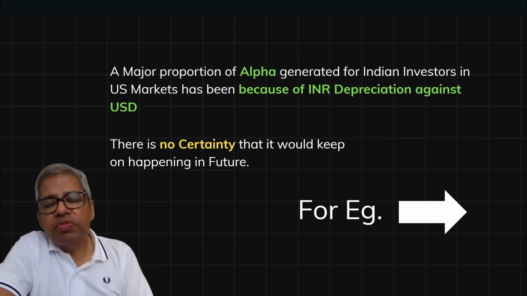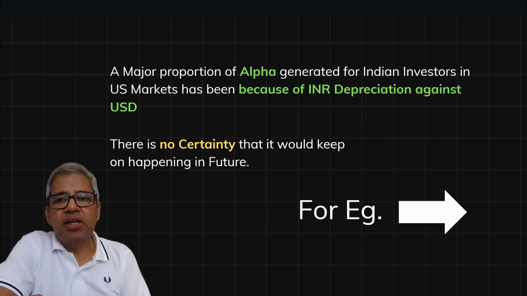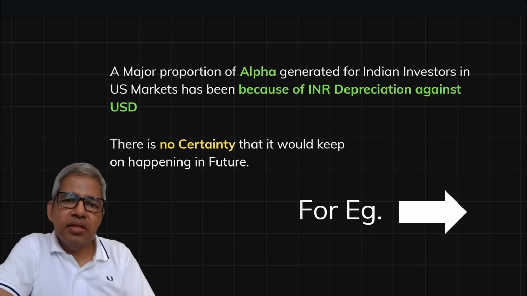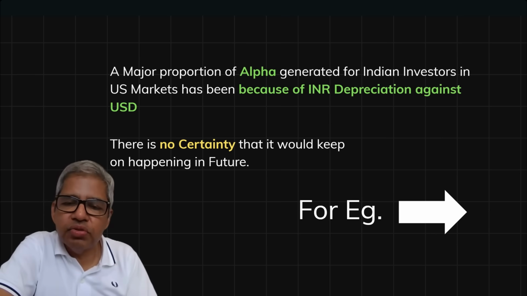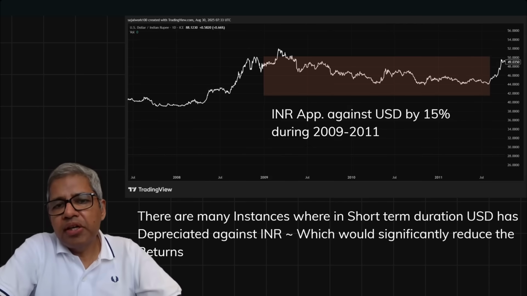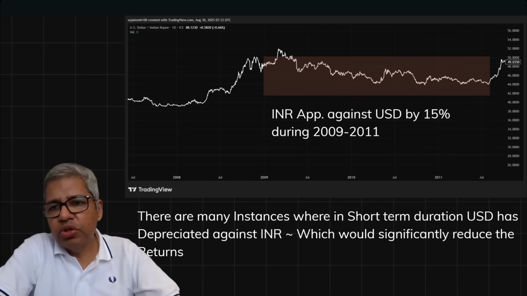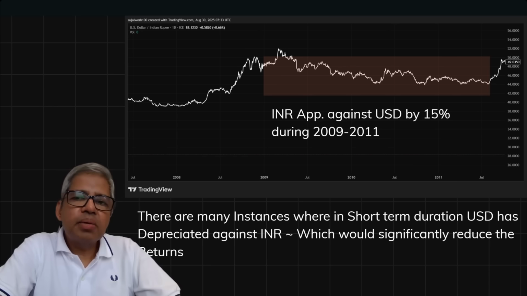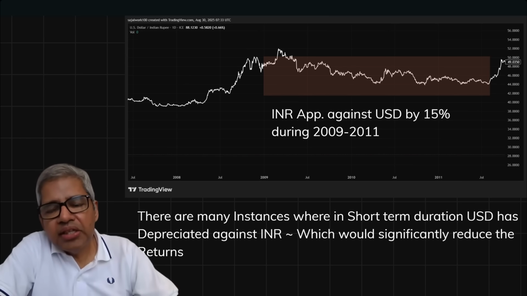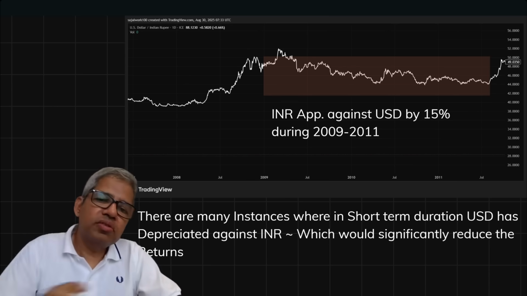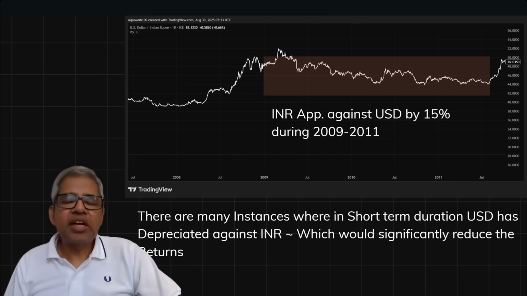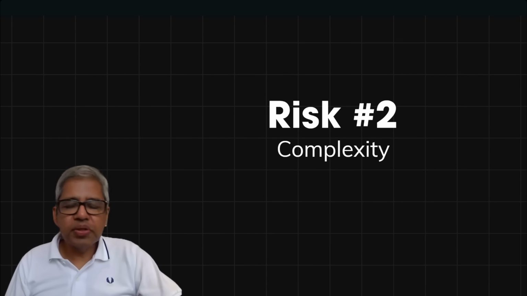But a major portion of the alpha generated for Indian investors in the US market is because INR is depreciating at 4%. So there is no certainty that it will keep happening in the future. For example, in the period of 2009 to 2011, INR appreciated against the US dollar by 15%. And there are many such instances where, in short-term durations, the INR has appreciated against the US dollar. That would harm your returns in those periods.